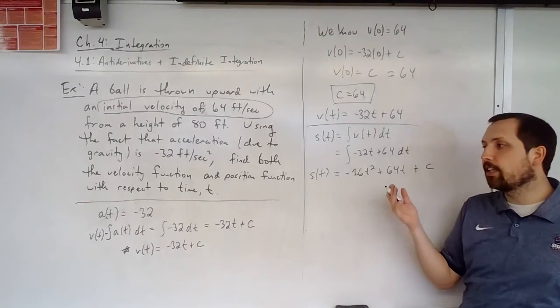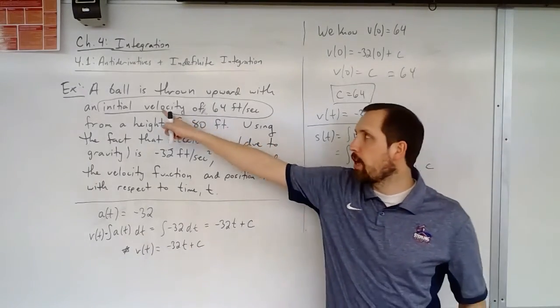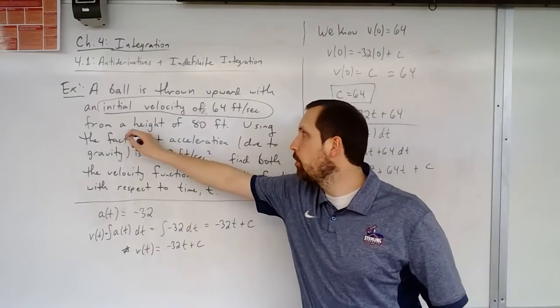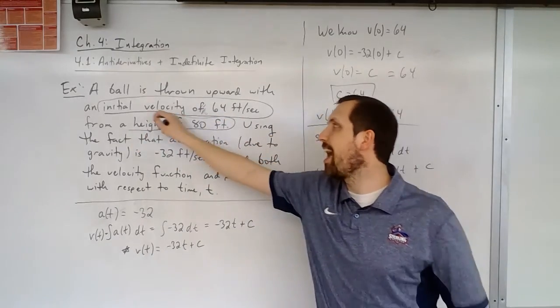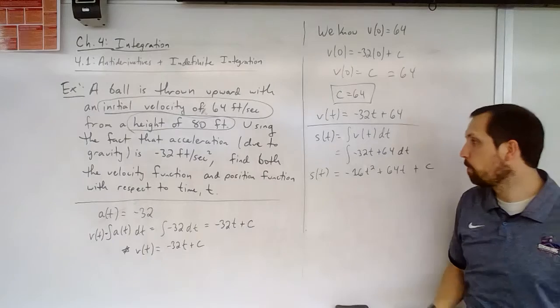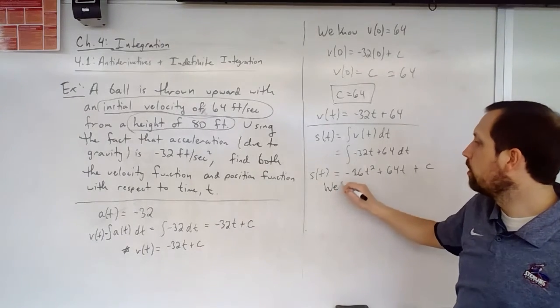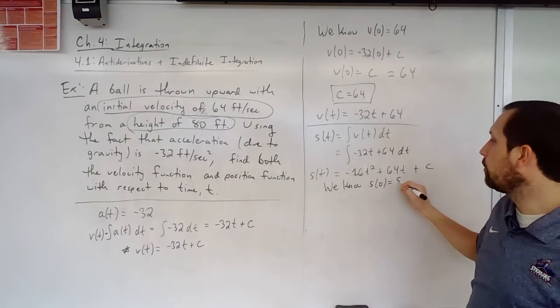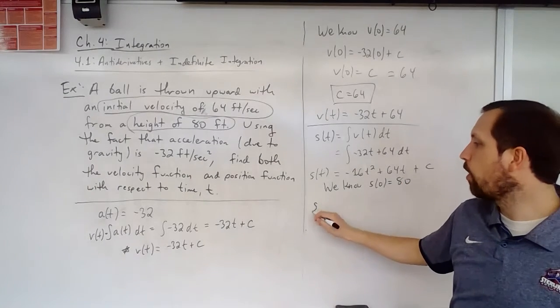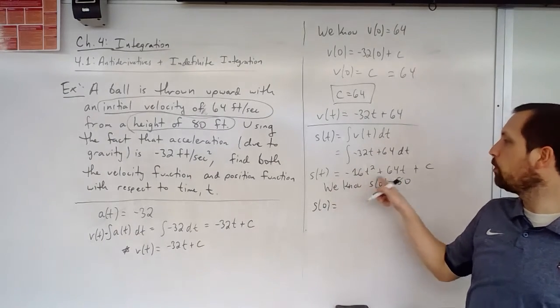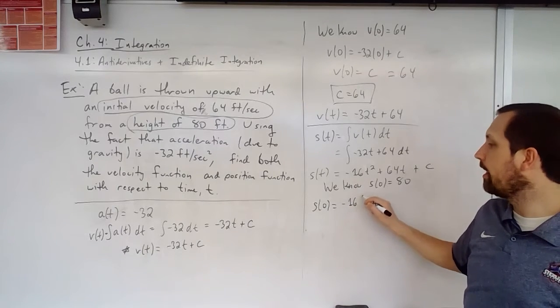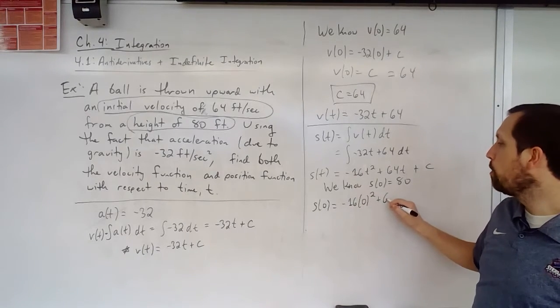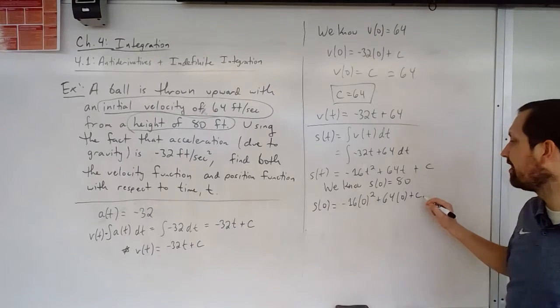But again, just like with the initial information we had about velocity, I could also use that we had this initial height of 80 feet. So we know that s of 0 is equal to 80. So I can plug that in. If I plug in t equals 0 everywhere, I'm going to get negative 16 times 0 squared plus 64 times 0 plus c.